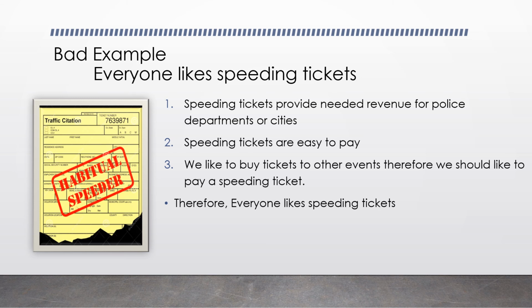But right, if the argument is speeding tickets provide needed revenue for police departments or cities, speeding tickets are easy to pay, we like to buy tickets for other events, therefore we should like to buy a speeding ticket and pay for that. Right? These are a bunch of random claims that aren't really an argument.